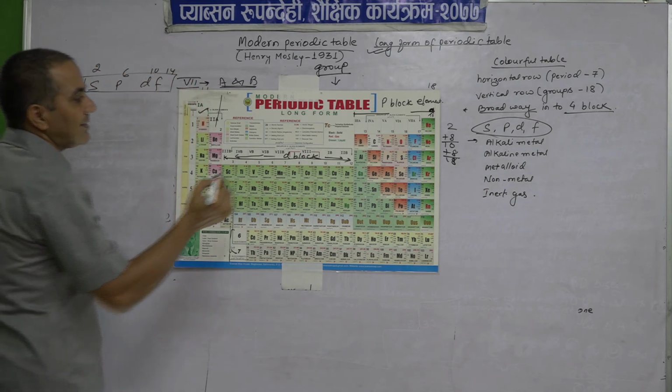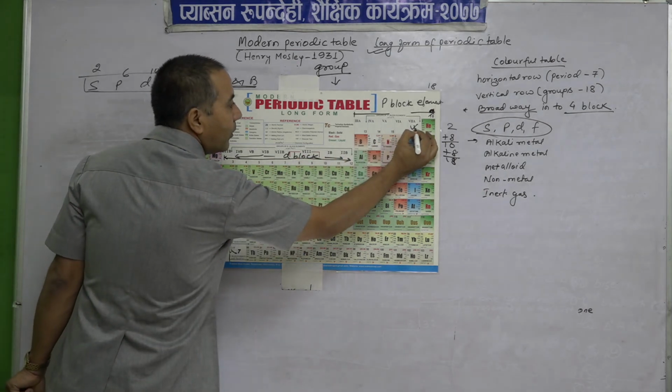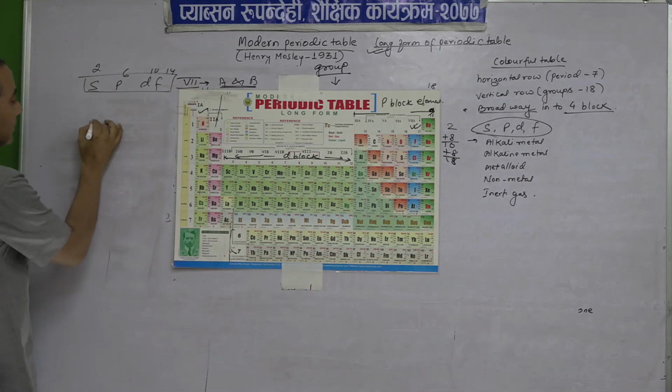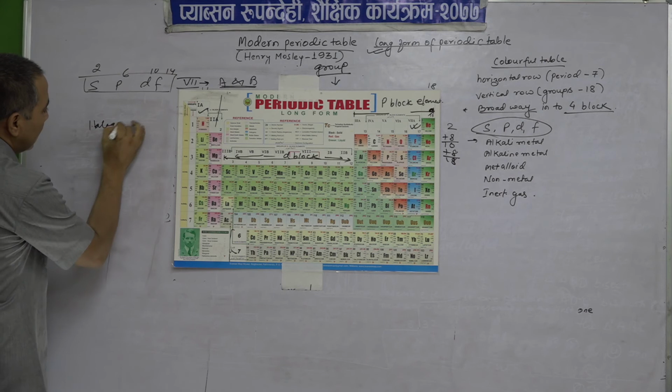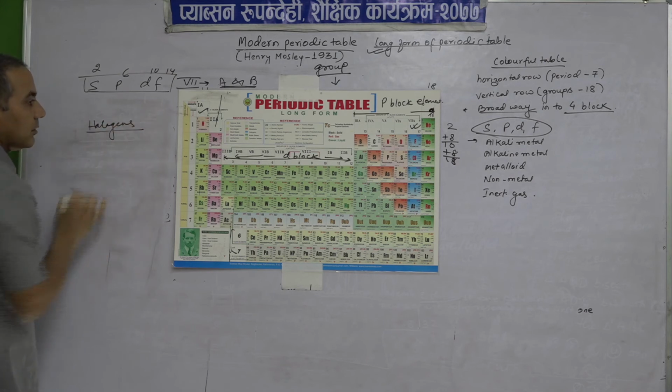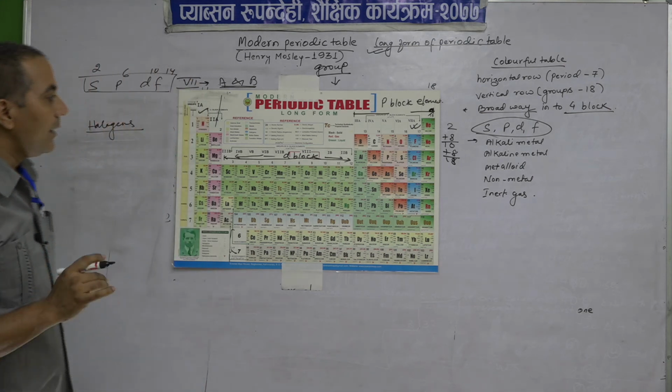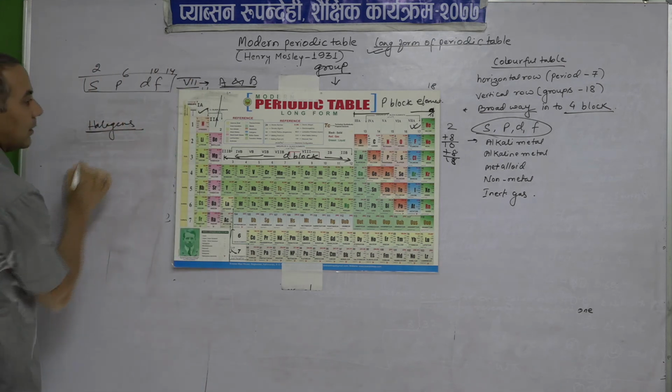Then the next one, 7A group. The 7A group are known as halogens: fluorine, chlorine, bromine, iodine.